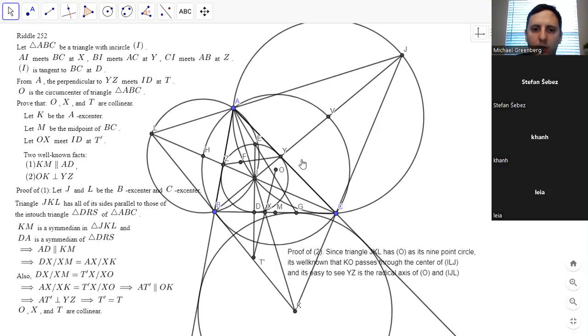And then for YZ, probably you could show the power of Y and Z with respect to both circles is the same, because this is cyclic. So AZ times ZB is IZ times ZL.